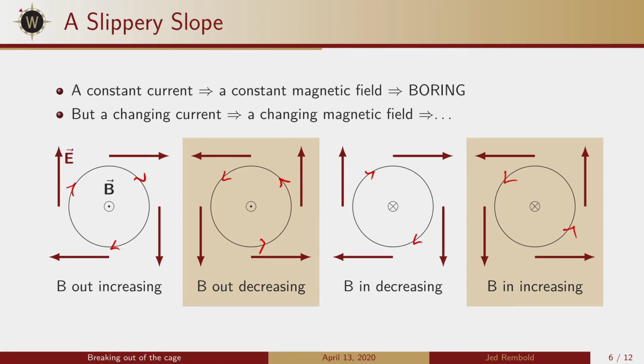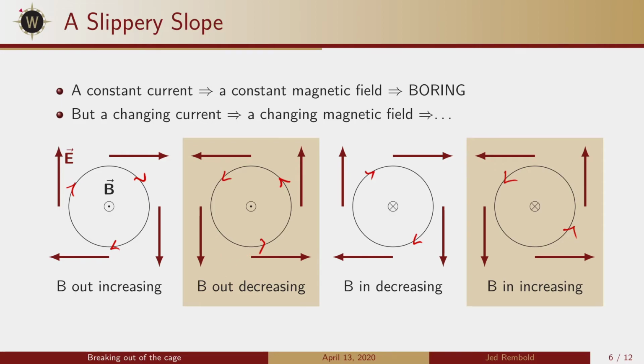Now, there's something else that we can deduce from this, which is that something kind of weird is going on with the direction of things. If we're thinking about changing magnetic fields here, in this case over here, where the magnetic field was increasing, we got something that was pointing clockwise. But when it was decreasing, we got it going counterclockwise.